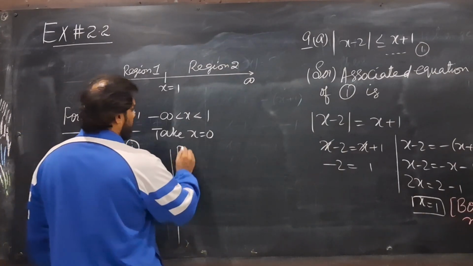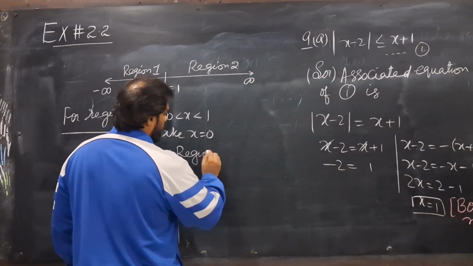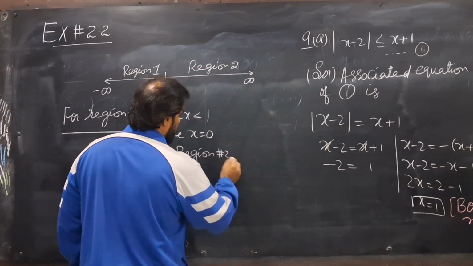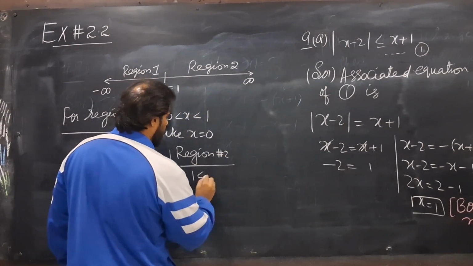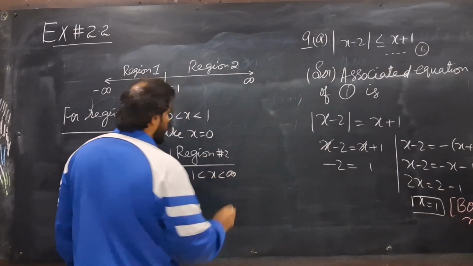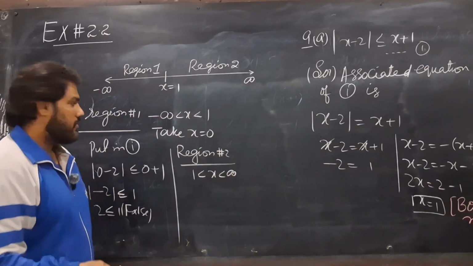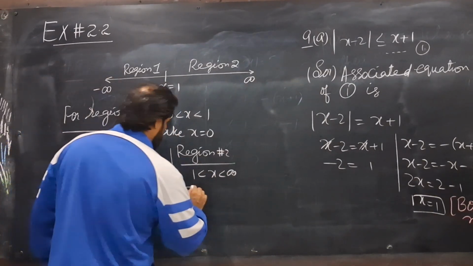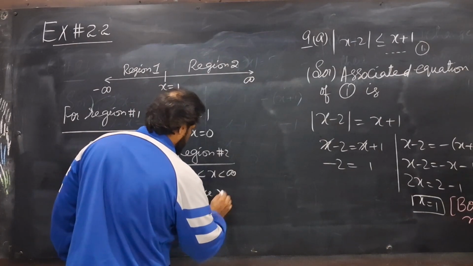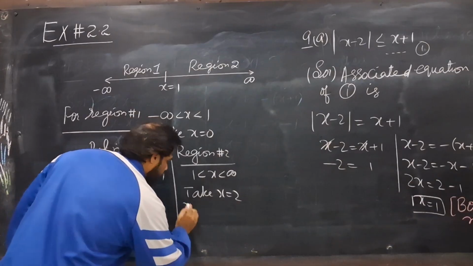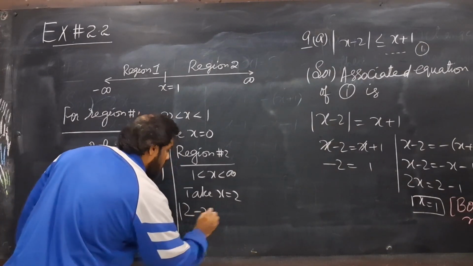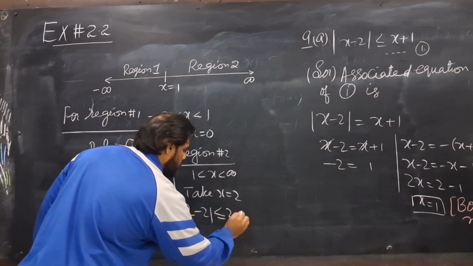Similarly, now we test region 2. Region 2 starts from 1 to infinity, 1 less than x, x less than infinity. Take any number from this region. Suppose you take x is equal to 2. If you put x is equal to 2 in the given inequality, this becomes |2 minus 2| less than or equal to 2 plus 1.